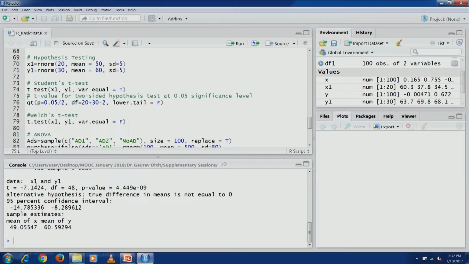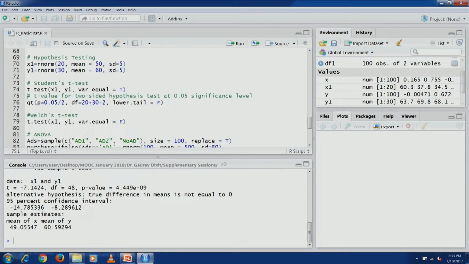The number of observations in the x1 sample was 20 and in the y1 sample was 30, so the addition is 50, and then we subtract 2 for the parameters for the mean. Therefore, it comes out to be 48. You can also see a p value has been computed, and how this computation is done we have discussed in the slide.